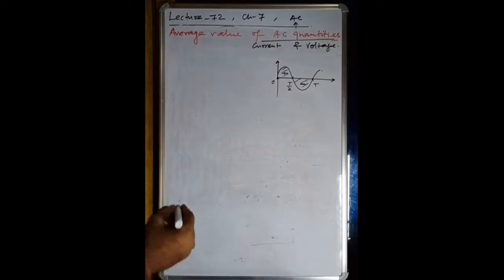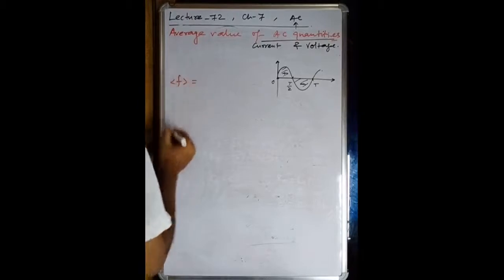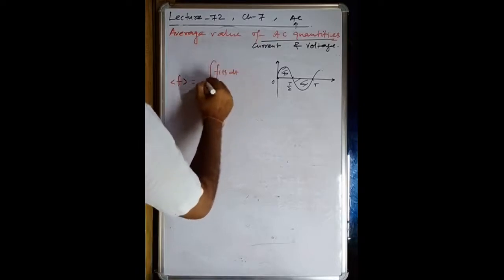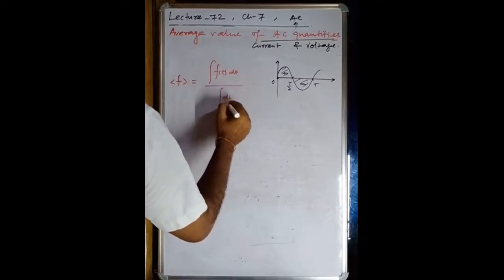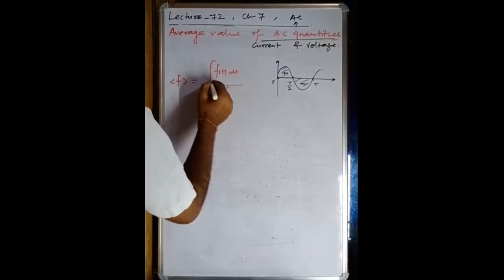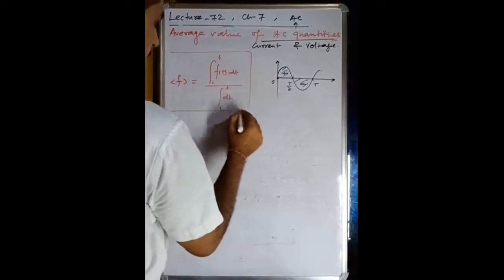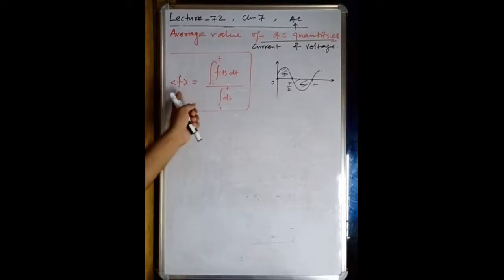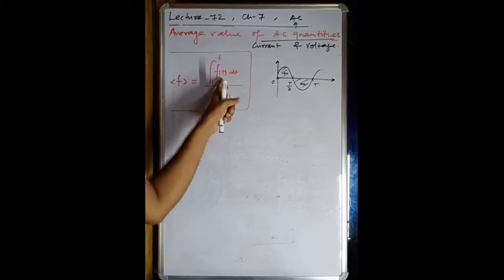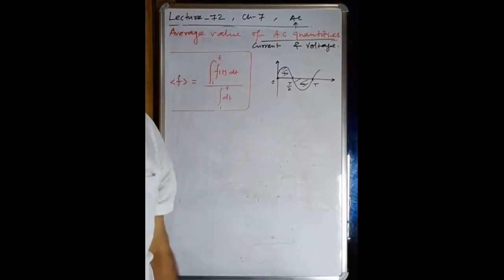The average value of any function is represented as the integral of the instantaneous function f(t) dt over the integral of dt, from the initial value to the final value. It is clearly mentioned in H.C. Verma.